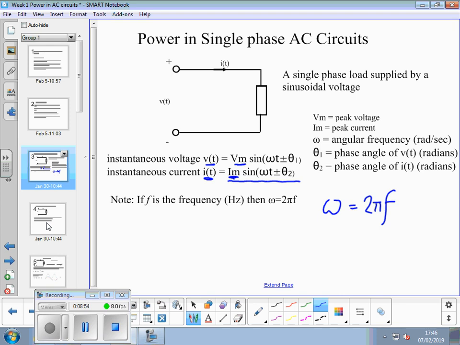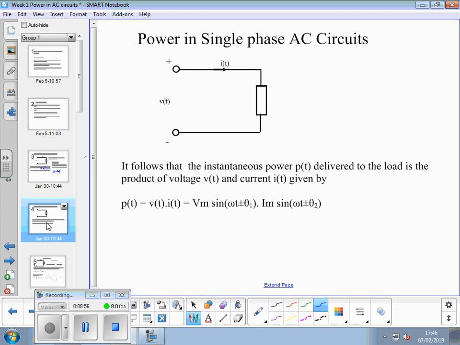So moving on from that, power in single phase AC circuits. We are applying this voltage waveform v at time t. It's going to cause a current to flow i at time t. It follows that we could calculate the instantaneous power at any point in time by multiplying the instantaneous current by the instantaneous voltage.